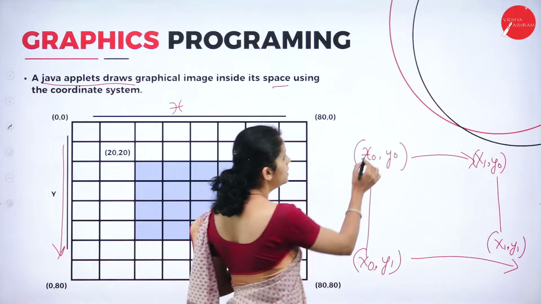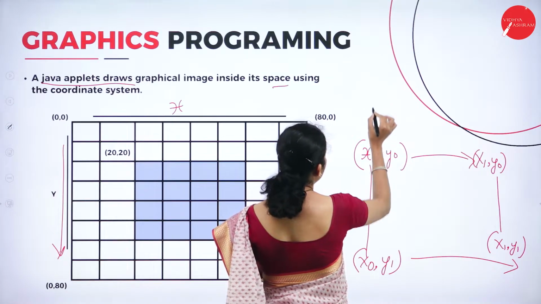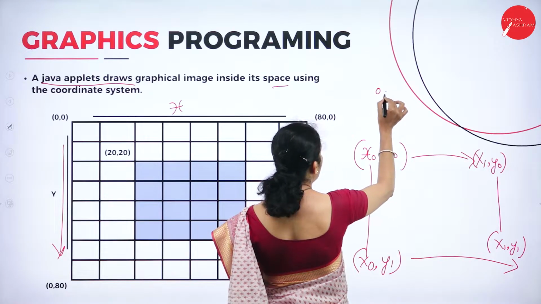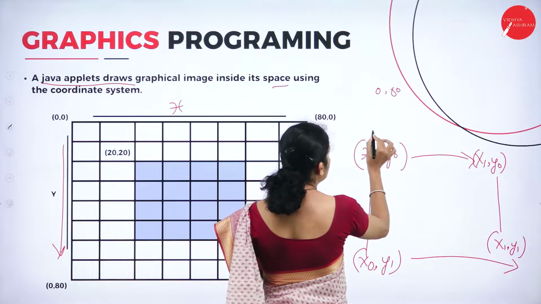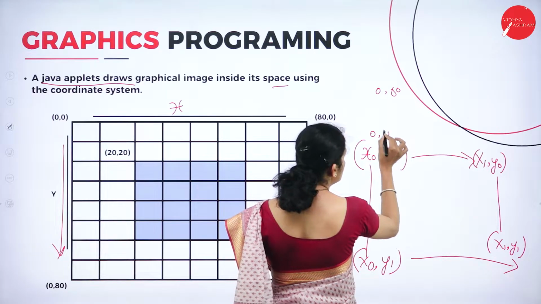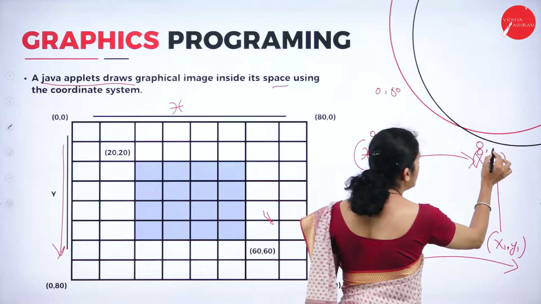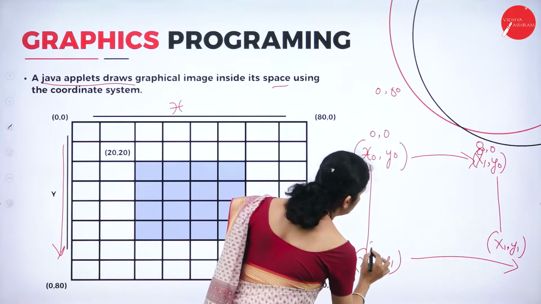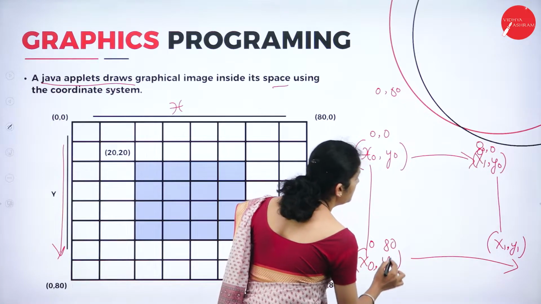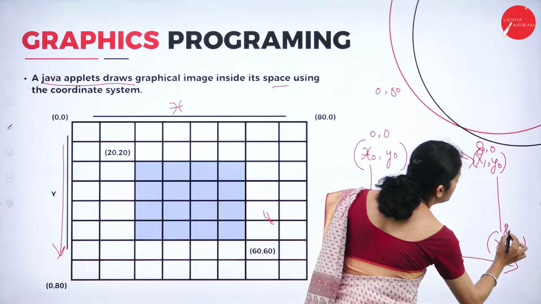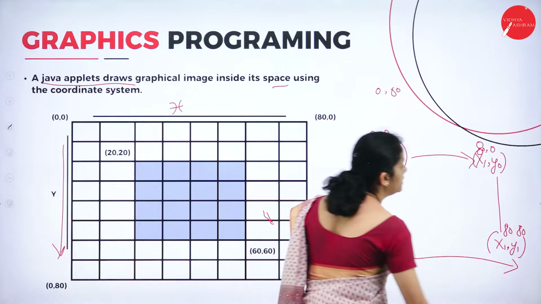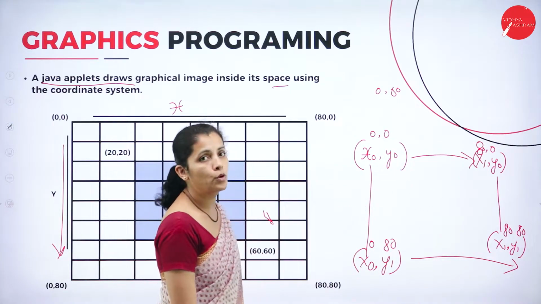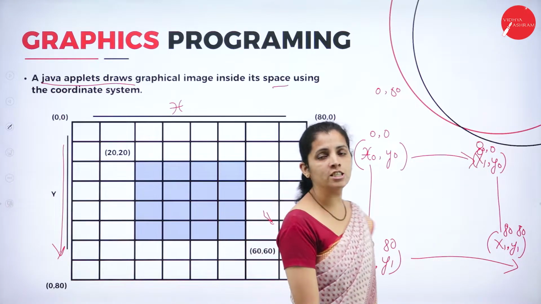For example, the values 0, 0, then 80, 0, and if I move towards 0, 80 and here 80 and 80. This is the way I'm going to construct the coordinate system.